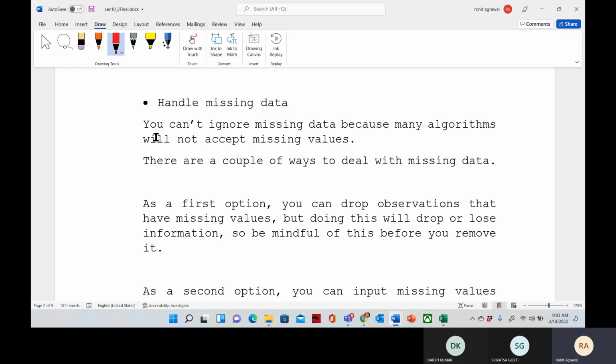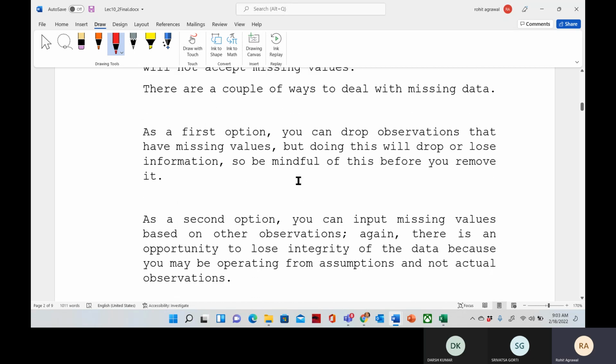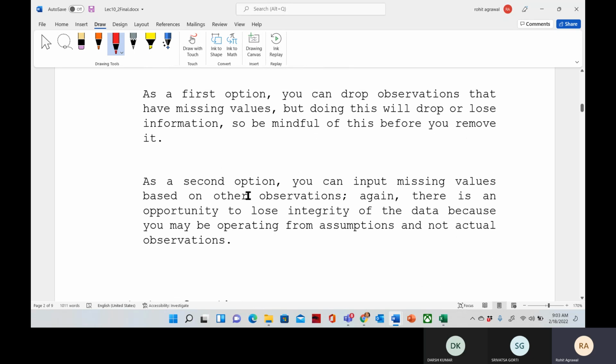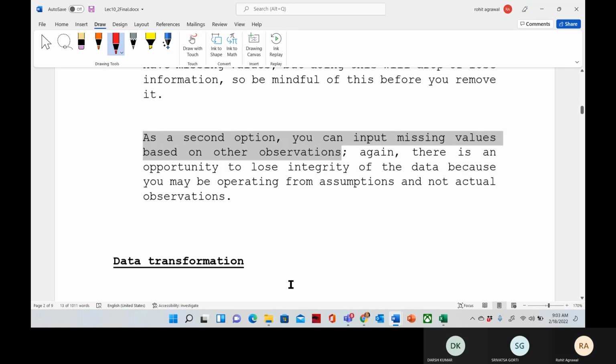Generally, whenever we learn normalization, it will be better to decide which value you can use. So you cannot ignore it: either you delete it, or you impute the missing value based on the other observations.